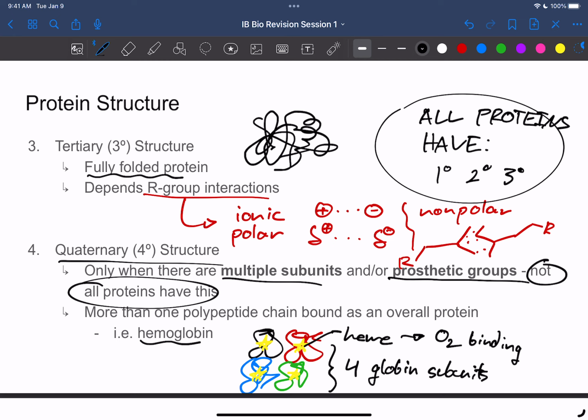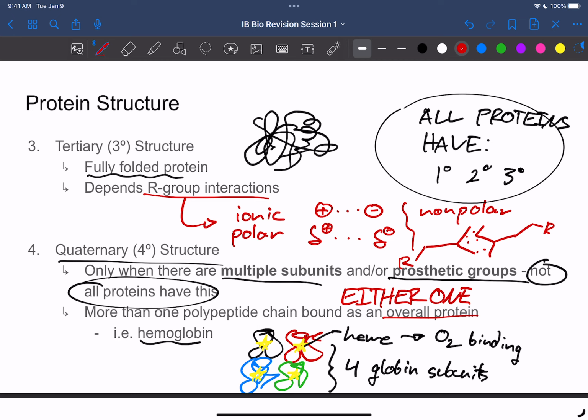So here's the thing. If a protein has multiple subunits but no prosthetic groups, it has a quaternary structure. Or when it has just prosthetic groups, nothing else, maybe one subunit, also quaternary, or both. So you can have either one of these. So it can have more than one polypeptide bound as an overall protein.